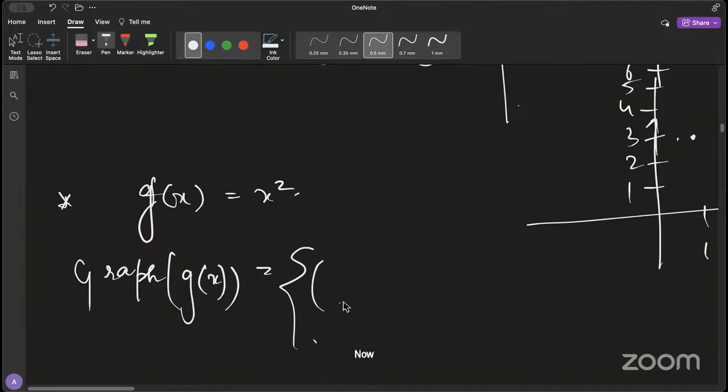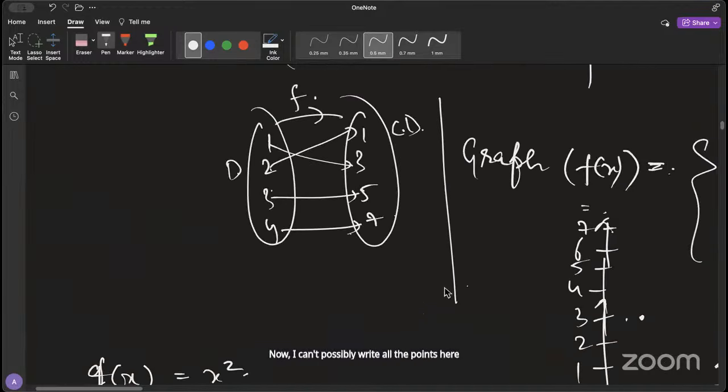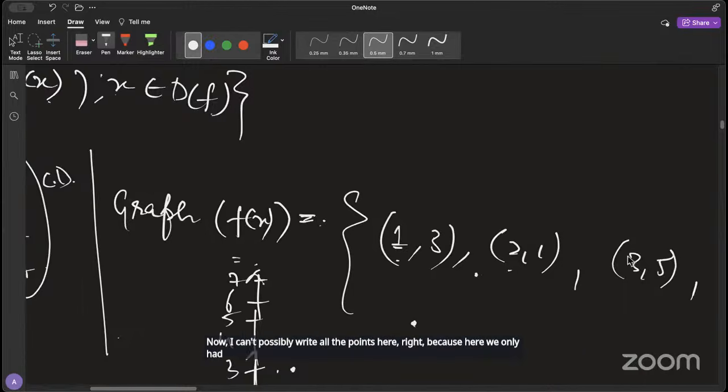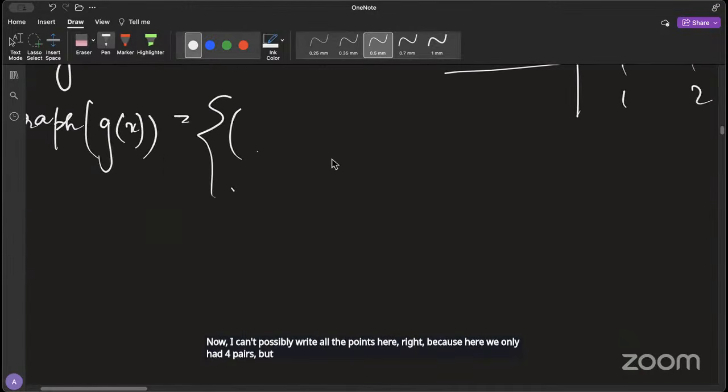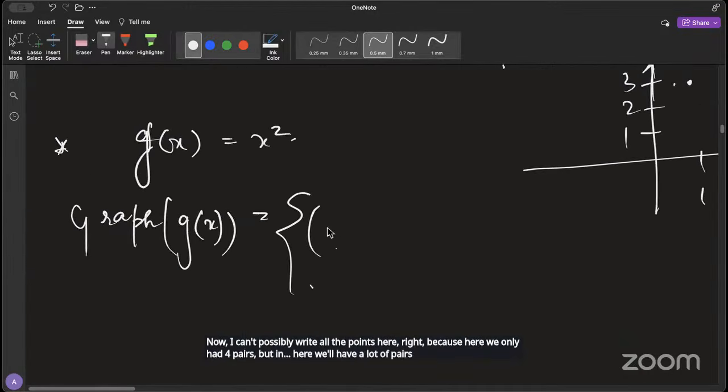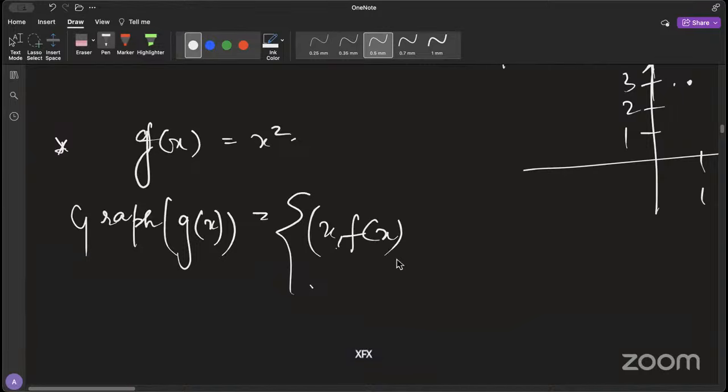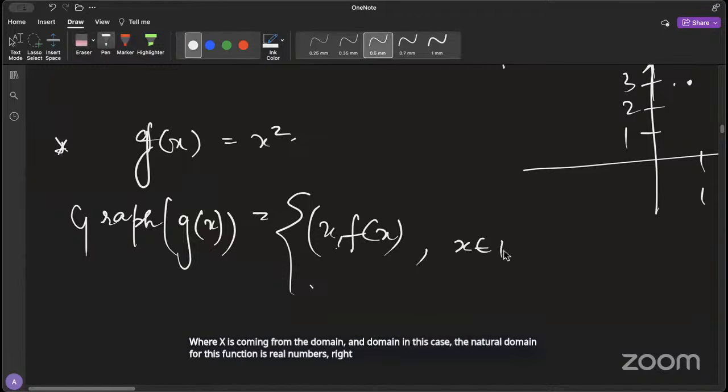now I can't possibly write all the points here, right? Because here we only had 4 pairs, but in here we'll have a lot of pairs. So instead I'll write the collection of (x, f(x)), where x is coming from the domain, and the natural domain for this function is the real numbers. So instead of domain of f, I'm simply writing real numbers.